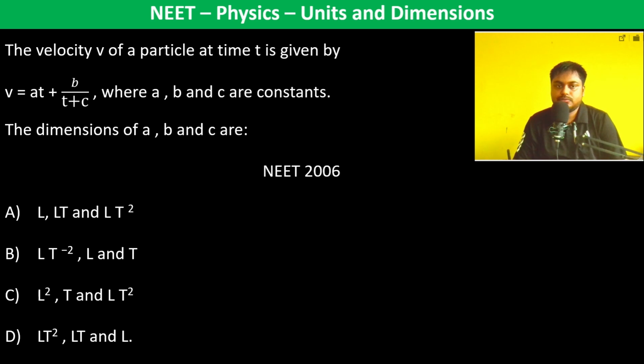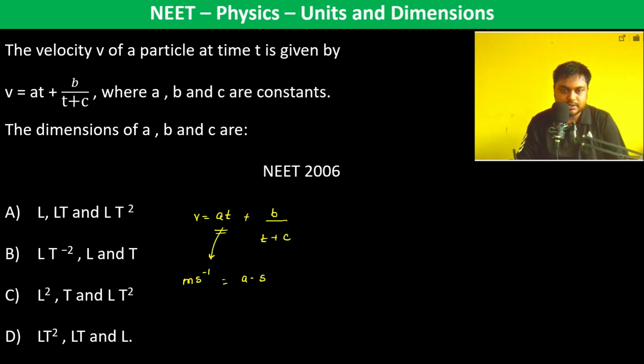The velocity v of a particle at a time t is given by v is equal to a t plus b by t plus c. See, this a t should be in meter per second. So this should be equal to a into second.